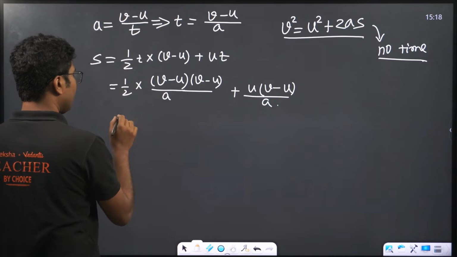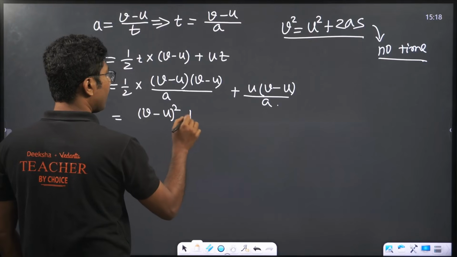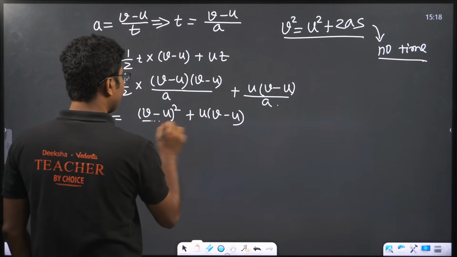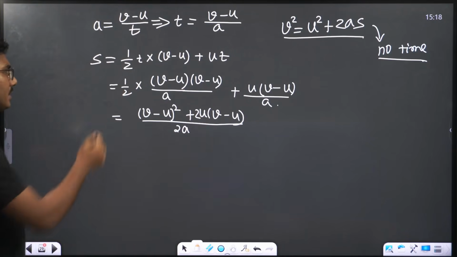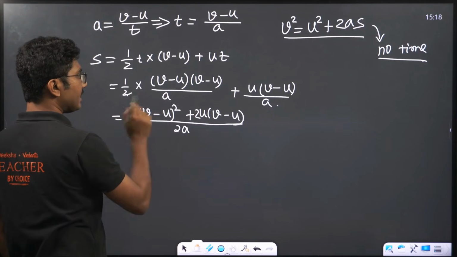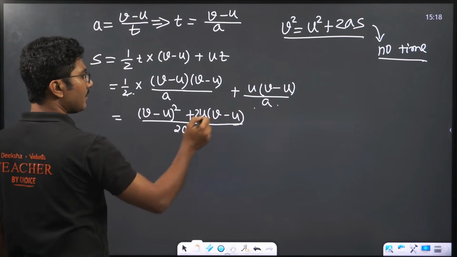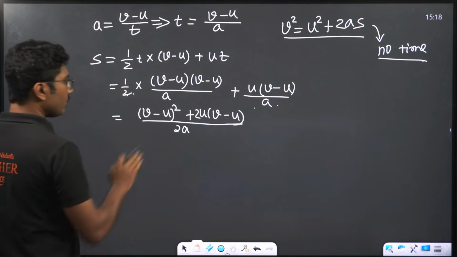Now do the mathematics, you get v minus u whole square plus u into v minus u, divided by 2a. Just LCM is 2a. Here one half was there, so LCM is 2a. Now LCM is 2a means there is no 2 here, so you have to multiply the 2 in the numerator. So just balance it. Now do the cross multiplication.